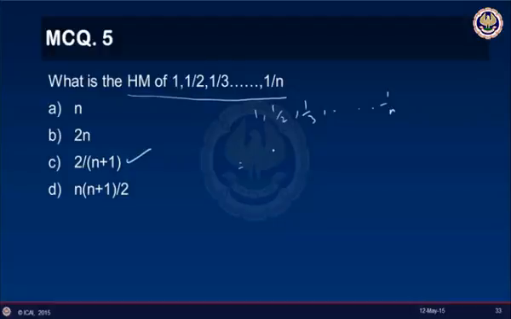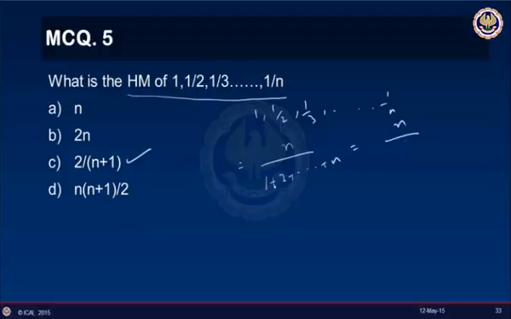Look at the formula: n divided by the reciprocals of all these items, 1 by 1, 1 by 1 by 2, 1 by 1 by 3, up to 1 by n. So this will be 1 plus 2 plus so on up to n values.